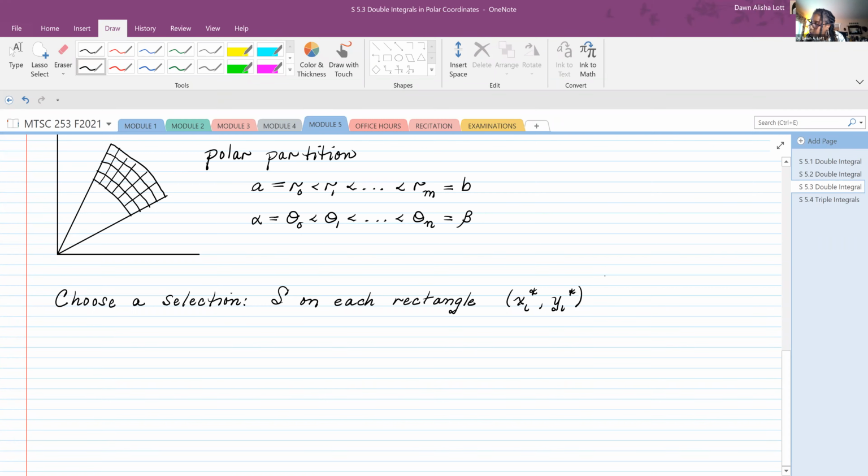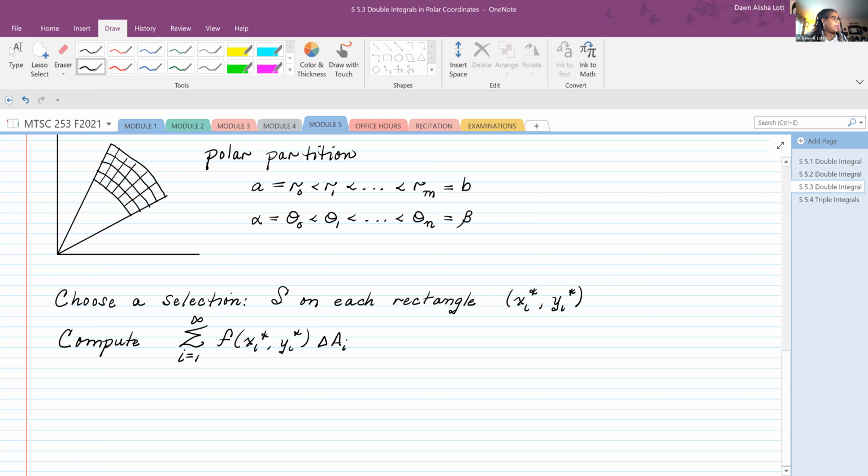And so now we want to compute the sum, i equal 1 to n, of the function of xi star, yi star times delta Ai.